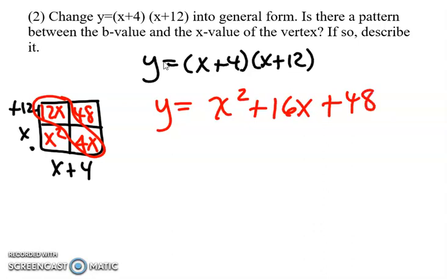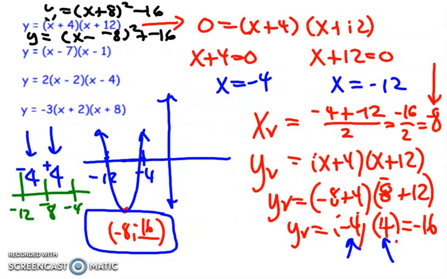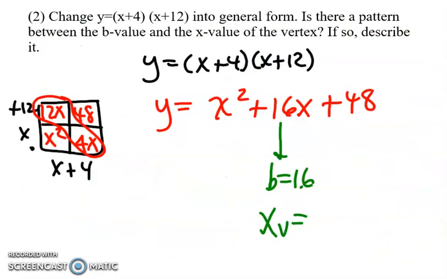So in this problem here, the b value is 16. And the x value of the vertex, going back to the first problem we did, is -8. So consider for a moment what you think the relationship is between these two numbers. Get some ideas of what may be happening here.